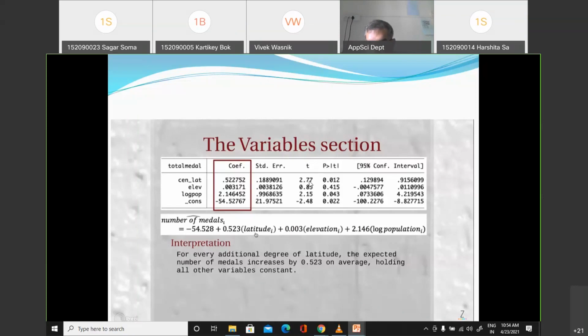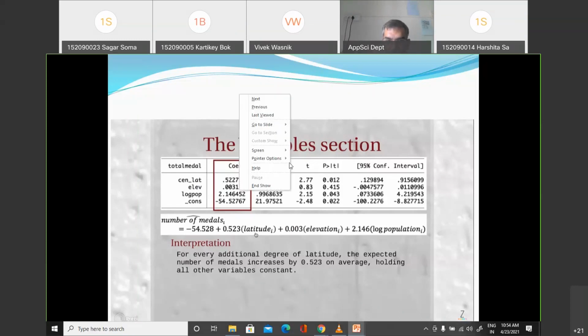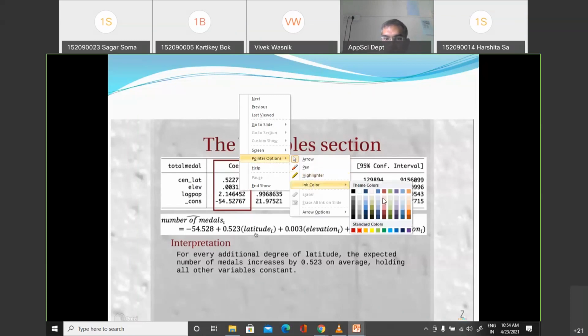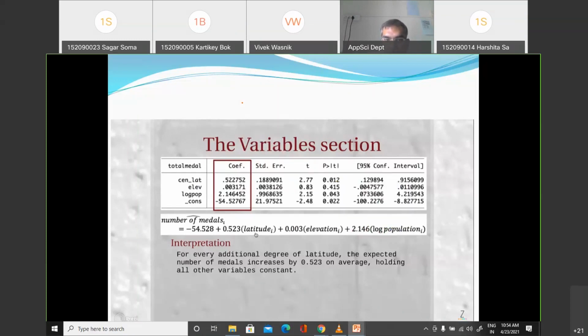Yeah. So how do we get this value 2.77? If we divide the coefficient by the standard deviation. Actually, how do we calculate the Z value? You want to give it some more thought. So how did we calculate the Z value? T is the brother of the Z distribution, we have seen. How did we calculate the Z value? xi minus x bar divided by standard deviation.